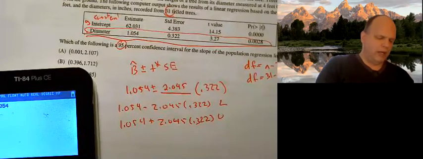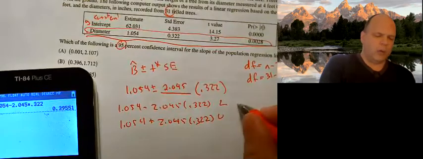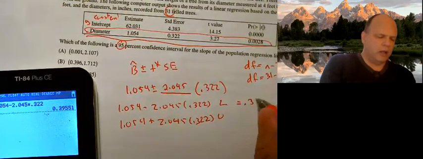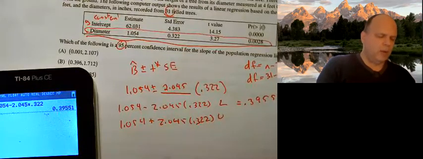1.054 minus 2.045 times 0.322 equals a lower bound of 0.3955. And we're going to calculate the upper bound, 1.054 plus 2.045 times 0.322.